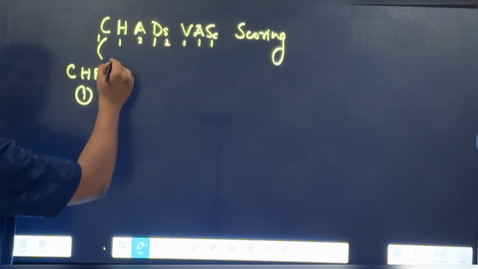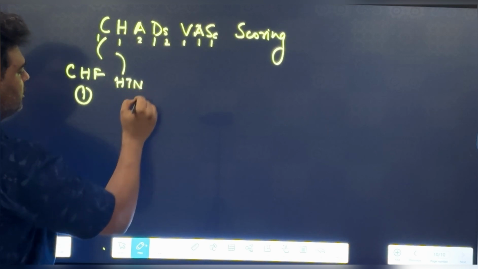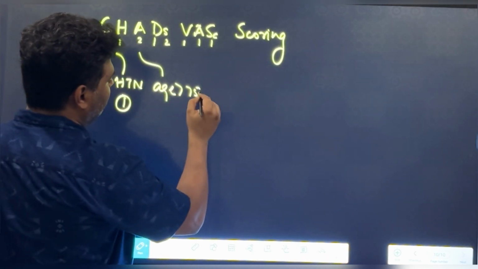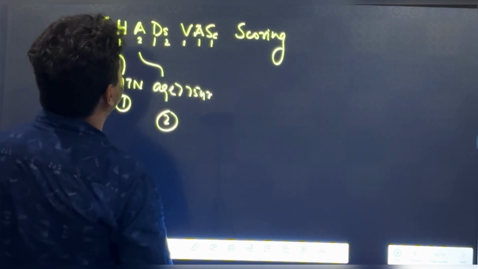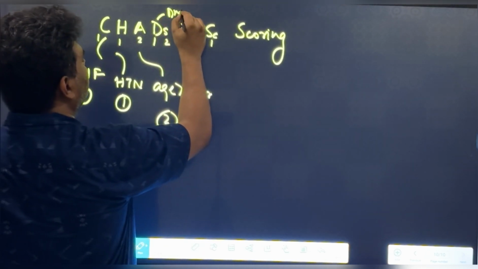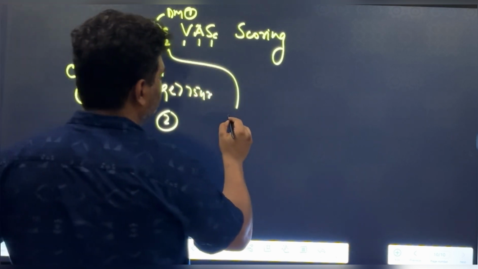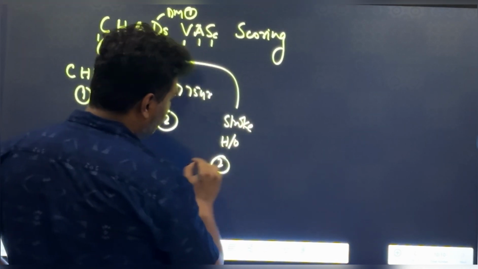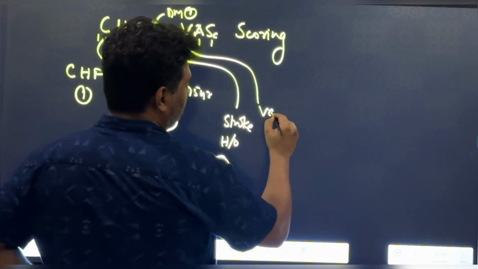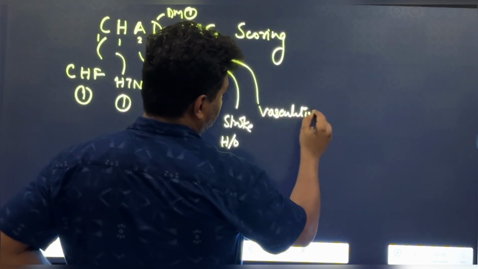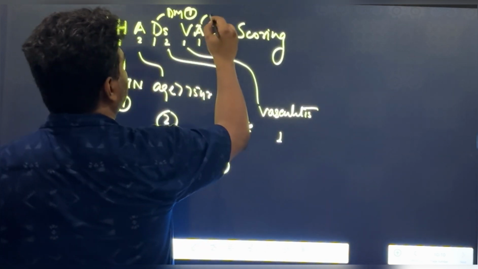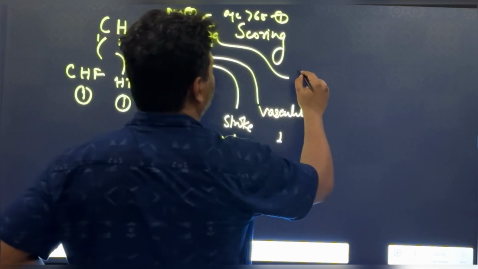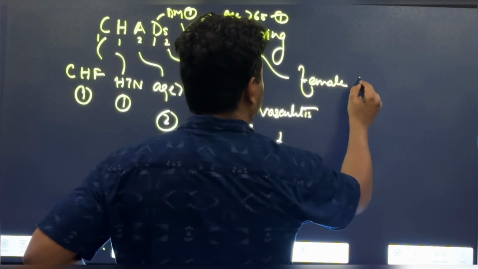So CHF 1 point, hypertension 1 point, age more than 75 years 2 points, D is for diabetes mellitus 1 point, stroke history 2 points, vasculitis 1 point, age more than 65 1 point, and female 1 point.